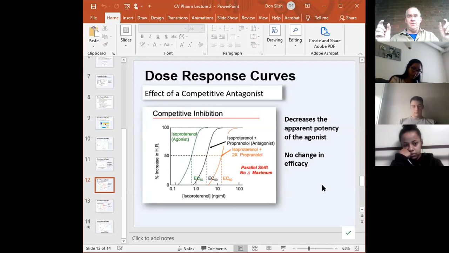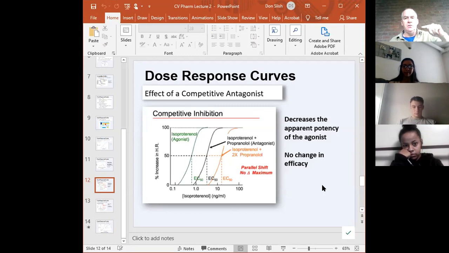And you can imagine if you're competing for the same site, if you've got 10 agonists and 100 antagonists, the antagonists are probably going to win. You go to any concentration of agonist, you can go to a higher concentration of antagonists until there's just more antagonists. So remember the ligand is always popping on and off that receptor.